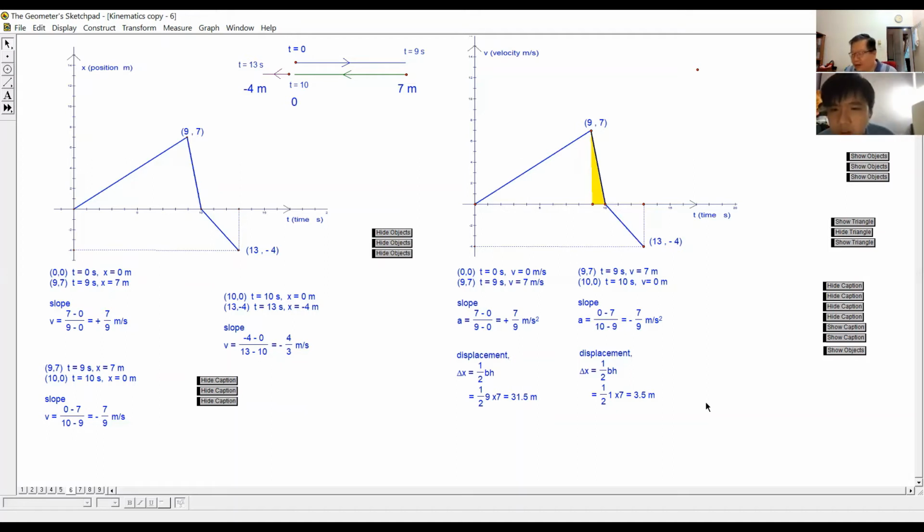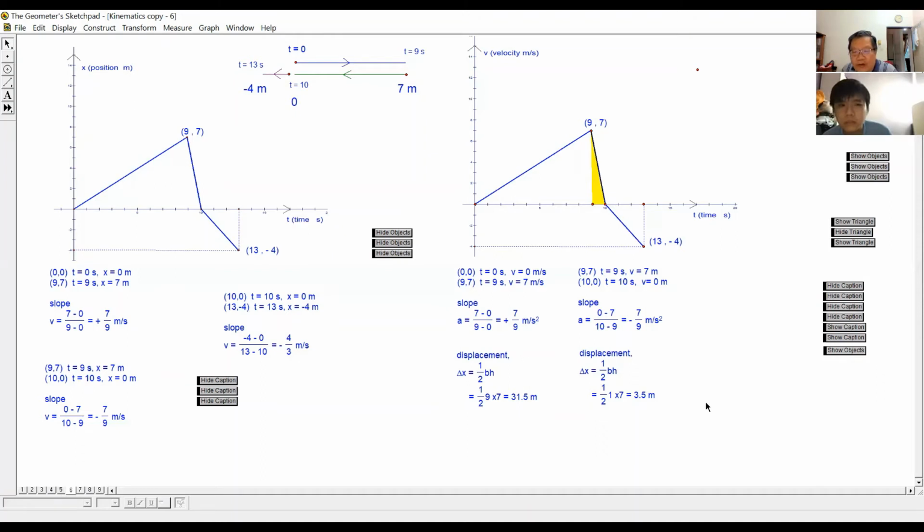Okay. Correct. If you are talking about velocity, then it's correct. The slope is going down, is negative, because the velocity is decreasing. That is correct. But during this period, when the velocity is decreasing, it doesn't mean that it is not moving. It is still moving, but slower and slower.